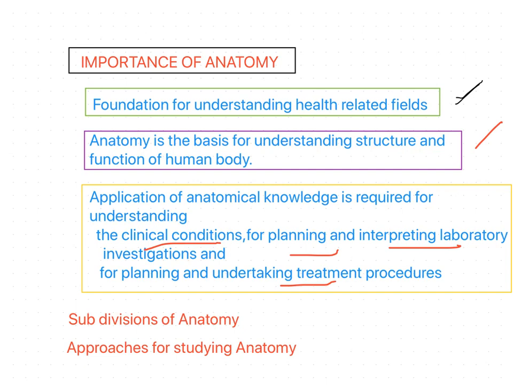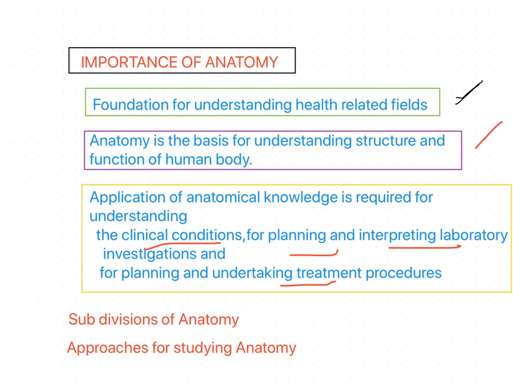If you take the subdivisions, anatomy is mainly divided into three major divisions: macroscopic anatomy, microscopic anatomy, and developmental anatomy. In macroscopic anatomy, we can study the structure of the organ with the help of our naked eyes.